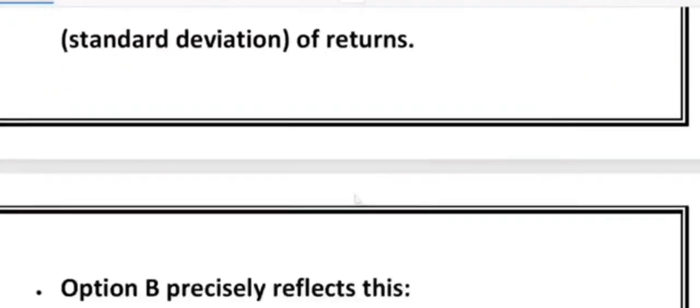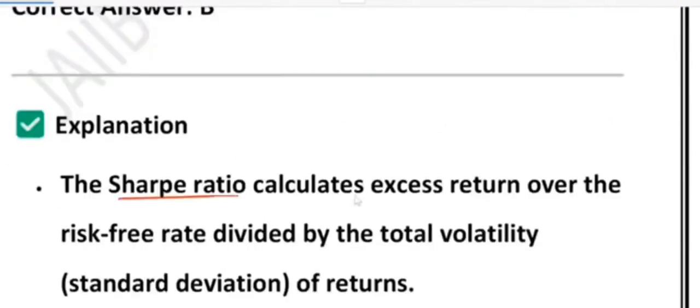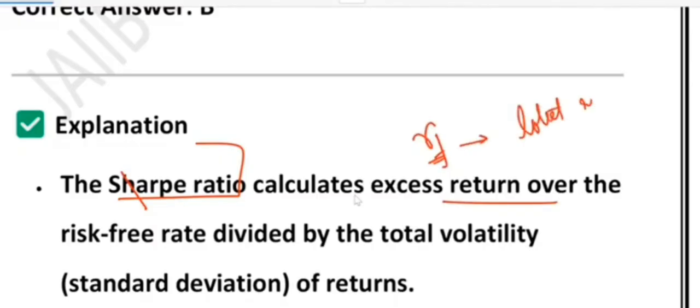So what we learned from this discussion is that the Sharpe ratio tells you how efficiently your investment gives return for the risk you are taking. It uses the risk-free rate as a baseline. It measures the total risk using the standard deviation. How do we calculate it?